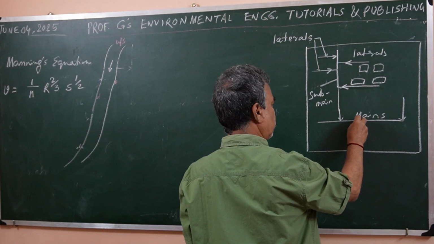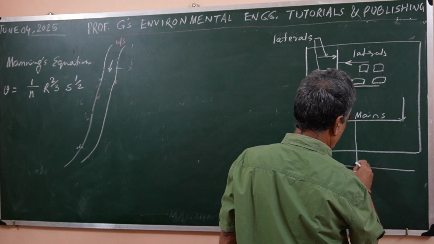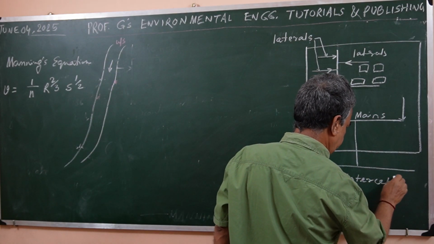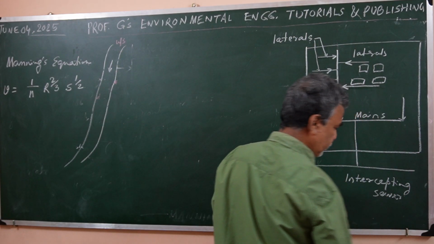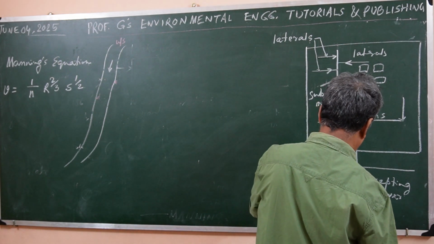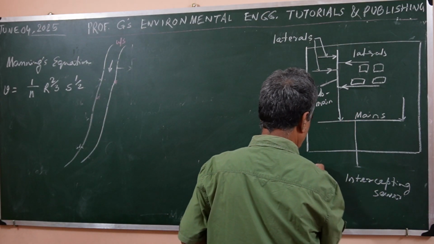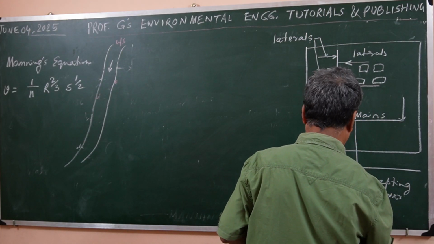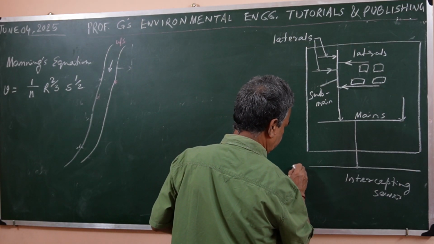And ultimately, suppose this is connected to the intercepting sewer. This is hand drawn, so it may not have been drawn with the right alignment. So this is the intercepting sewer.